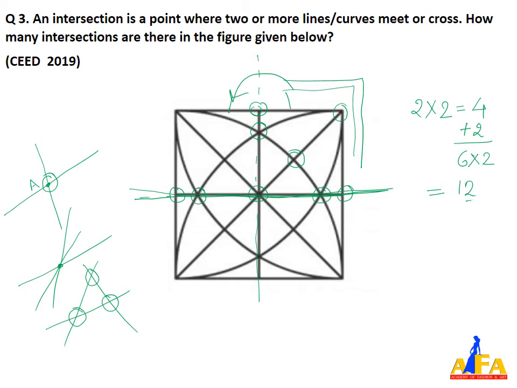Okay, so if we add 12 and 5, then it becomes 17. So 17 is the right answer. Here you can see, you can easily calculate the number of intersection points. Okay, after practicing you will feel that this is the easy part and you can easily get marks in this part.